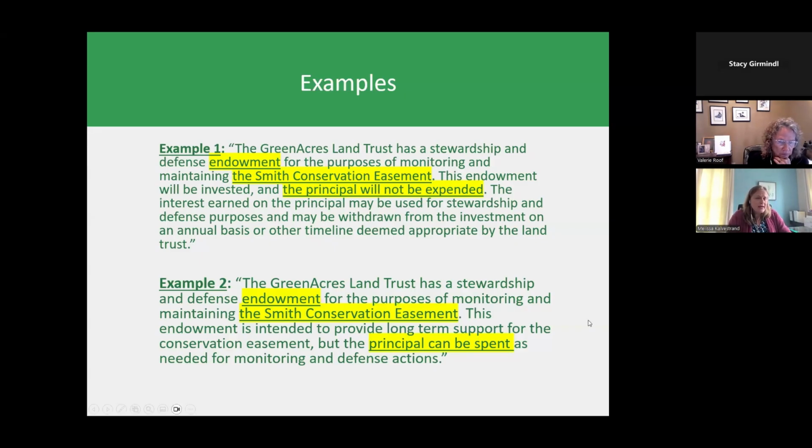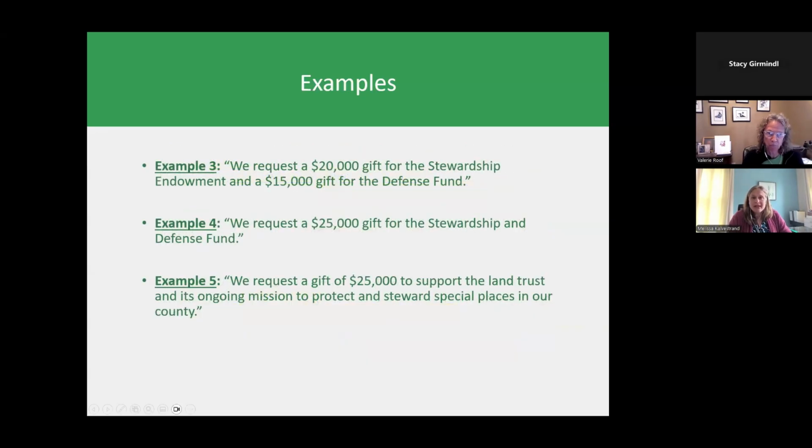Going to go to some simpler examples with similar things, because a lot of land trusts don't go into that depth of all the ways they're going to use the funds. So here's another example of a land trust. They would say, we request a $20,000 gift for the stewardship endowment and a $15,000 gift for our defense fund.